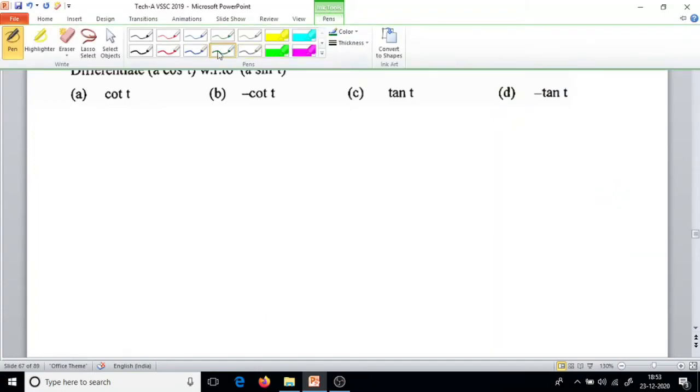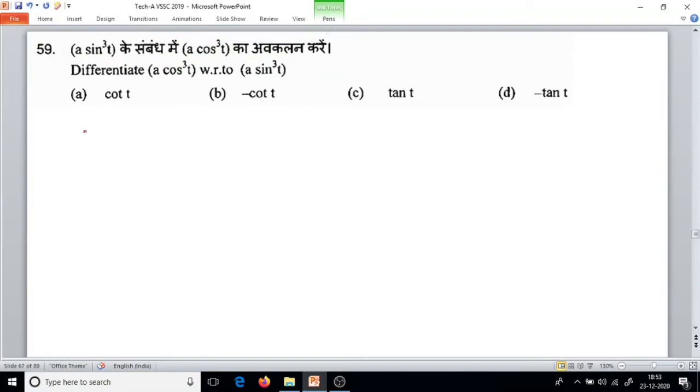Okay, question number 59. Differentiate A cos cube t with respect to A sin cube t. So I'll write y equal to A cos cube t. Now what is dy by dt?